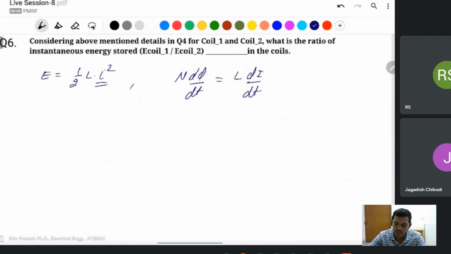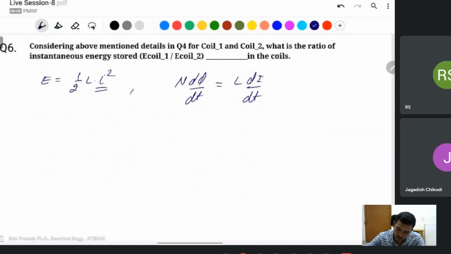If you present it in terms of inductance, it is L di by dt. If you present it in terms of number of turns, it is N d phi by dt. If you integrate both sides, you find N phi is equal to L i. You can calculate inductance as N phi by I.